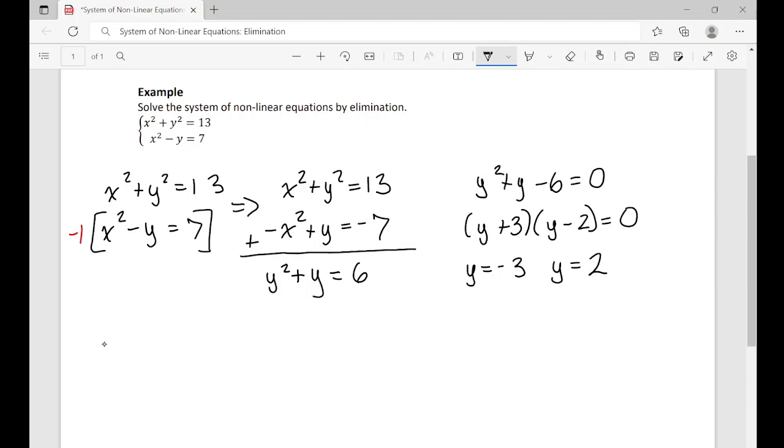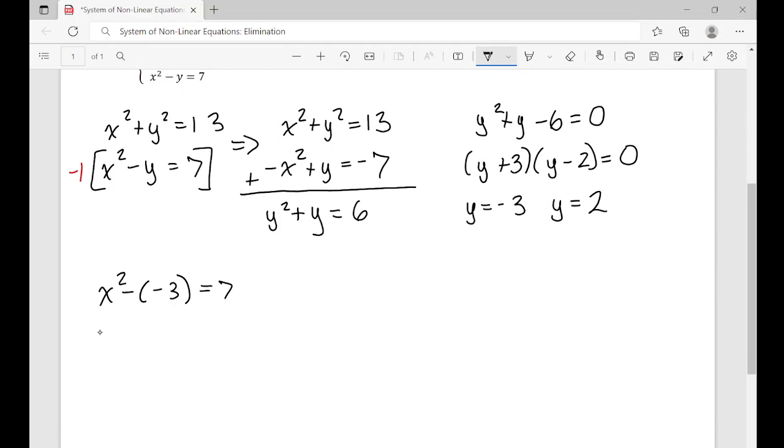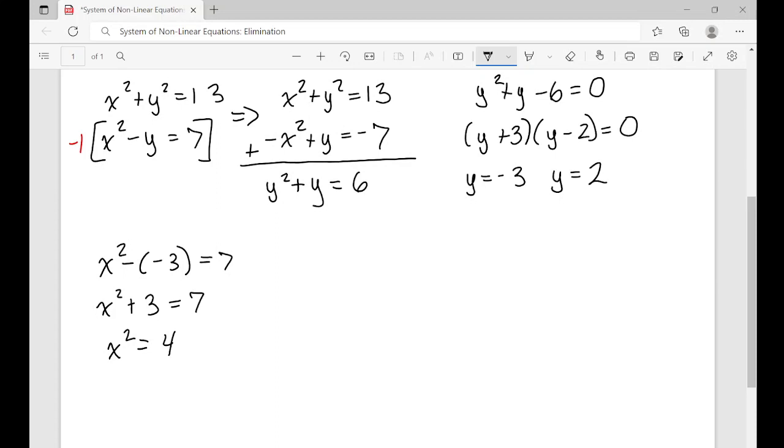So I'm going to get x squared minus negative 3 equals 7. And x squared plus 3 equals 7. Subtract the 3 over. X squared equals 4. And then finally, square root of both sides, x equals plus or minus 2.